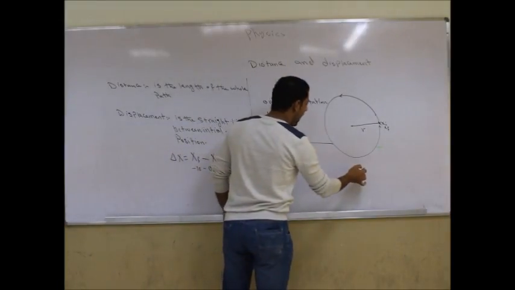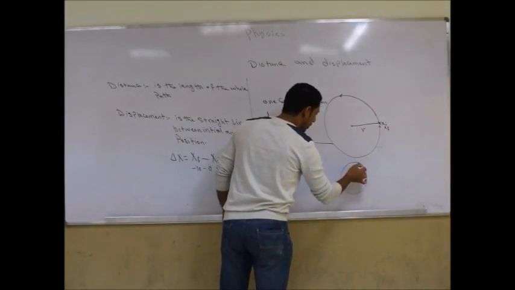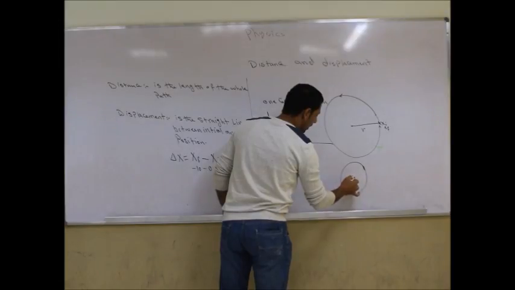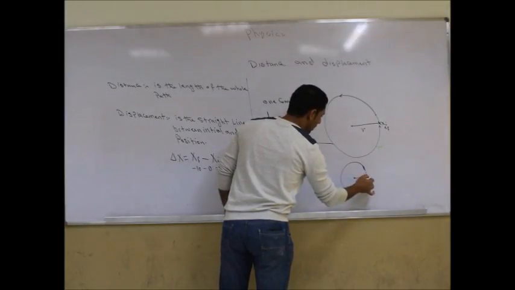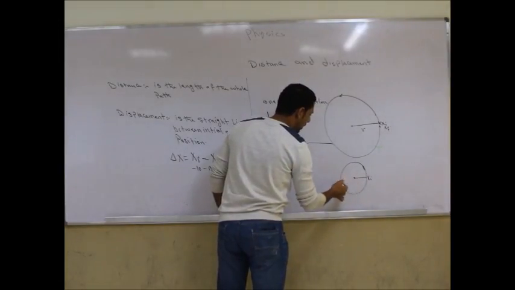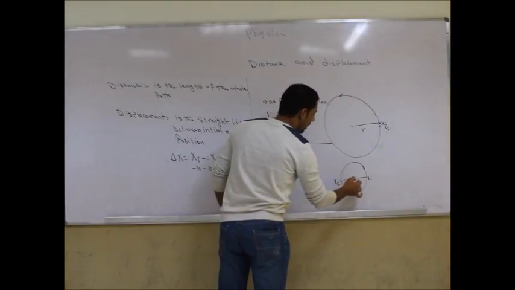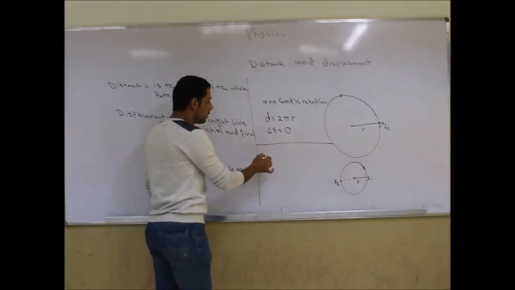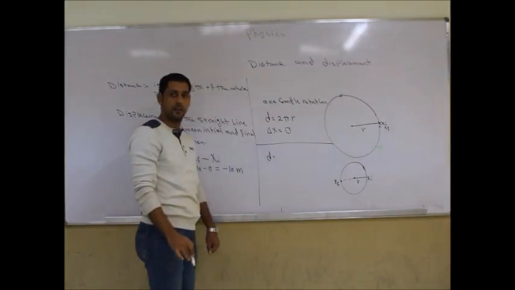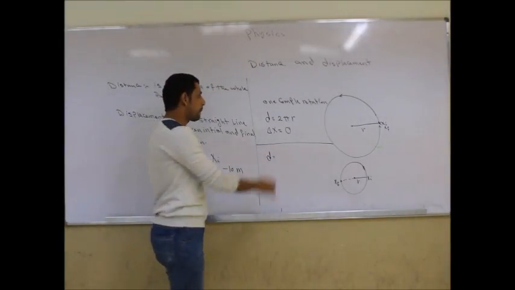If we just make half a rotation, like this one, the object starts from xi, then ends its trip here at xf, and this is the radius. The distance will be the half circle.